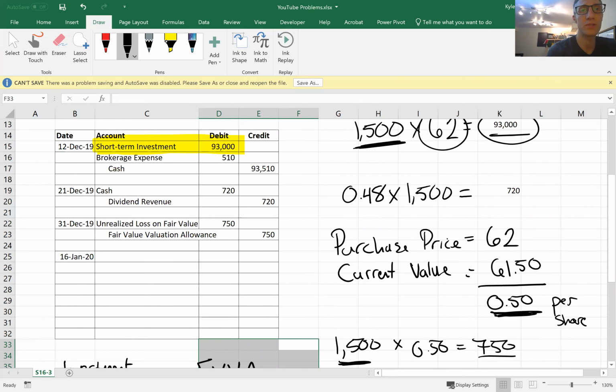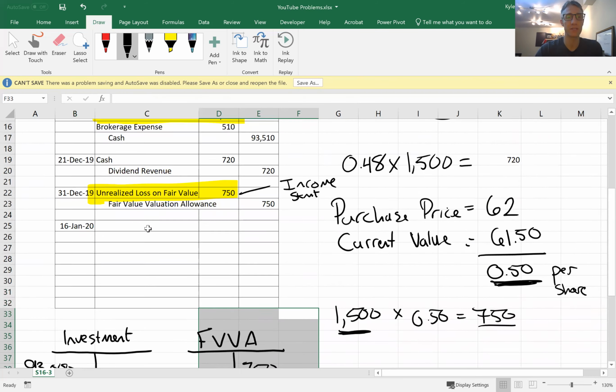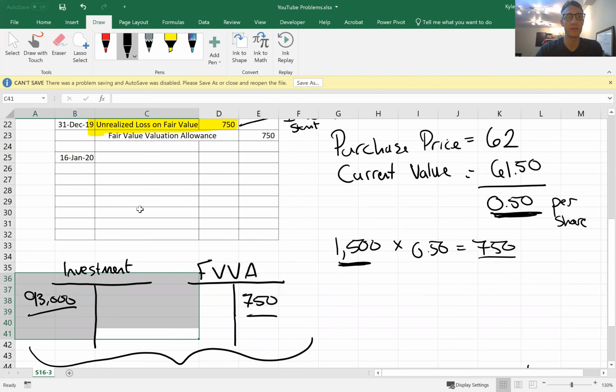We don't need to do anything with this unrealized loss. We don't reduce that to zero because this is on the income statement. We're reducing all of our balance sheet accounts related to this investment to zero. So let's start. I'm going to credit this investment account by 93,000.